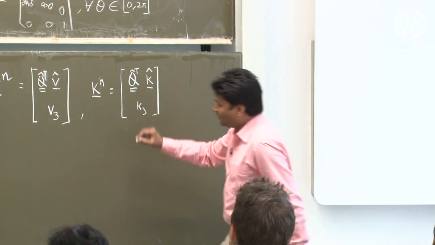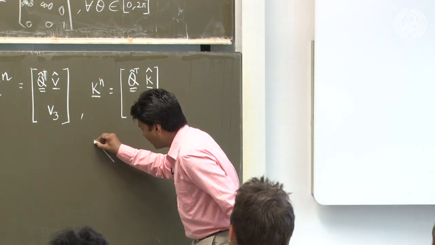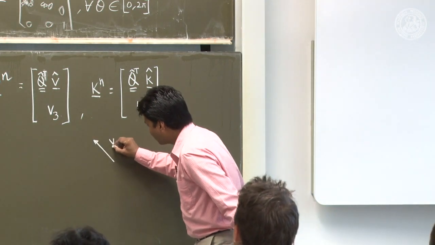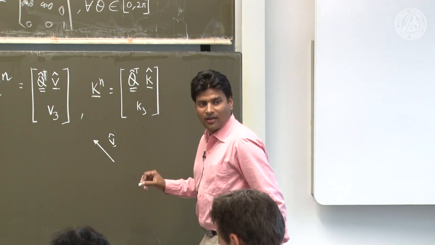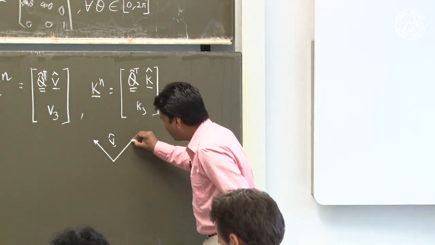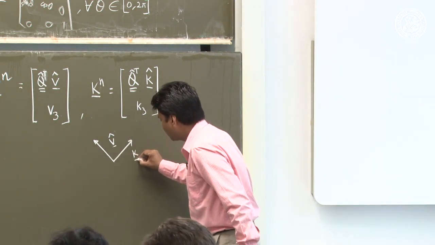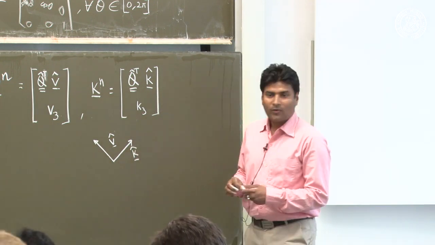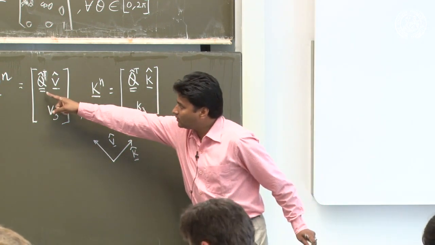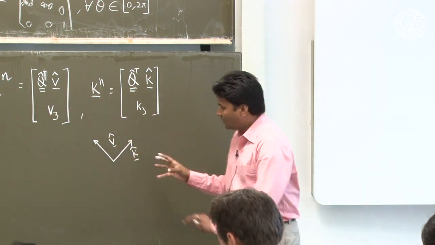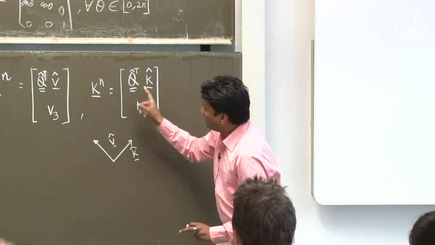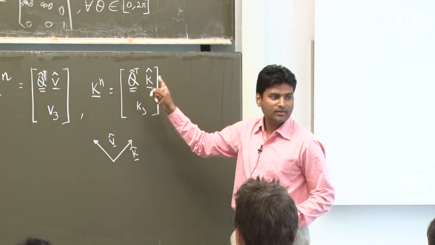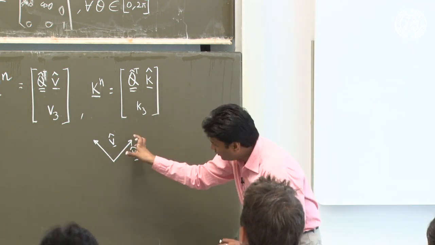Now think of this vector V hat and the other vector K hat. Whenever we apply this Q hat, because both of them are rotating by the same quantity, they are going to rigidly rotate.